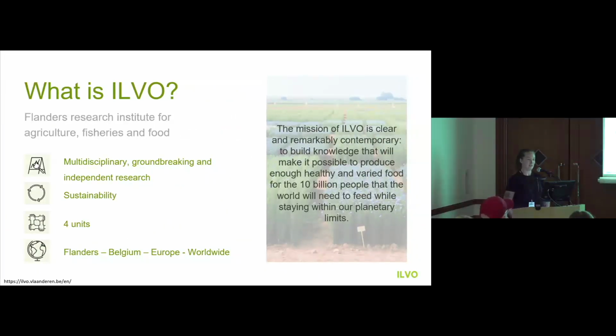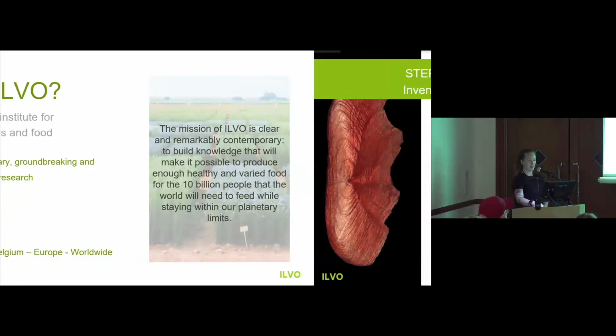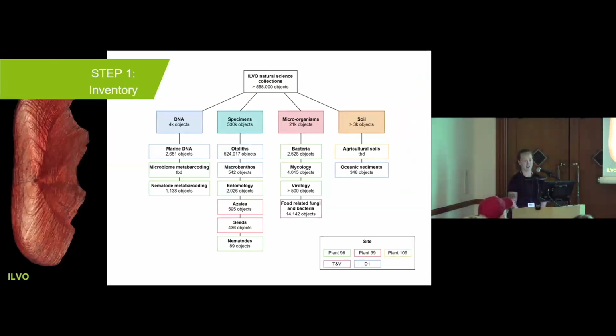So ILVO, the Flanders Research Institute for Agriculture, Fisheries and Food, is where I work. And there we are mainly doing research into the sustainability of agriculture, fisheries, and the agri-food sectors, as the name implies. We have about 15 very diverse collections, but most of them are very small.